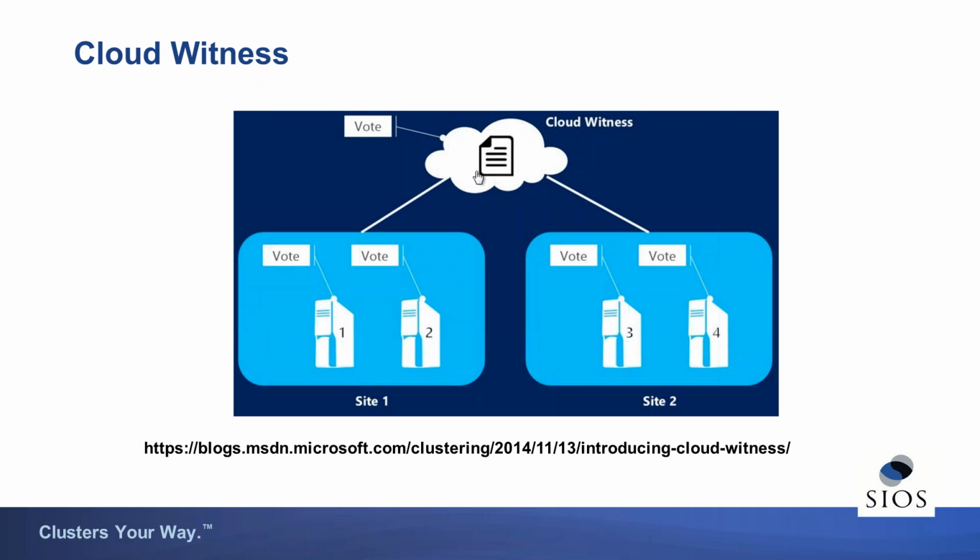Now, let's just take a minute to understand why this third location is important. If you picture a multi-site cluster, you have an equal number of nodes in each location. Without any sort of witness, if we were to lose the entire site, let's say site 1 went offline, site 2 would only have 2 votes out of a total of 4.